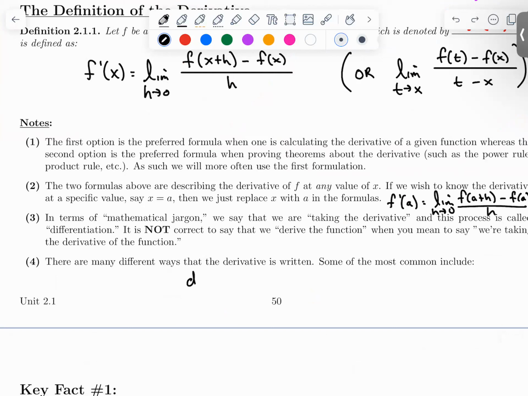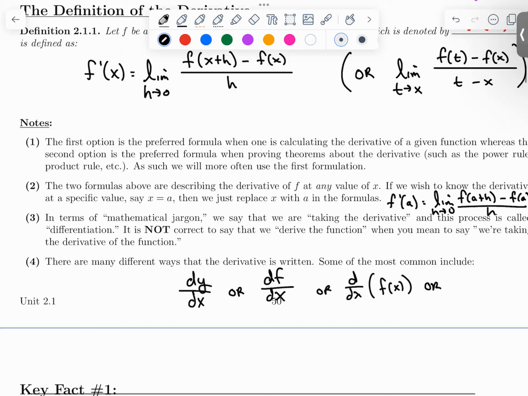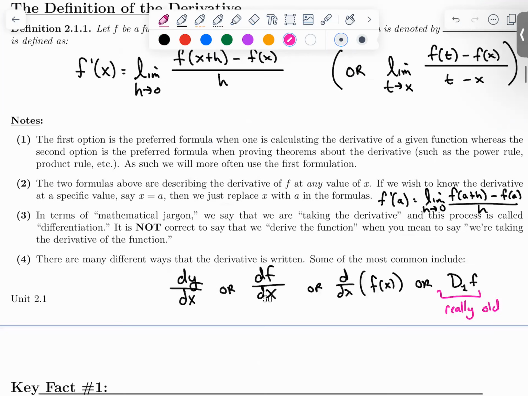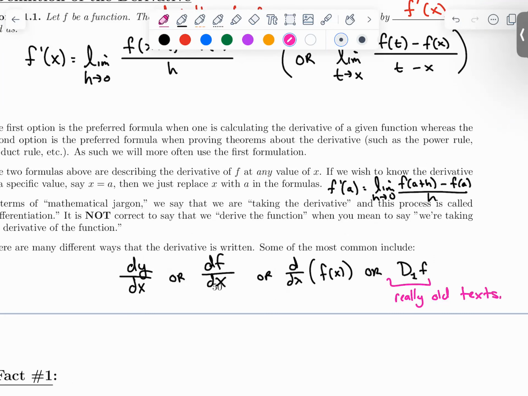He wrote it as dy dx or df dx, meaning an infinitely small change, an infinitesimal small change in f over an infinitely small change in x. Or some people even write it like this, or d dx of f of x. Or some books, really old textbooks, may write it that way.